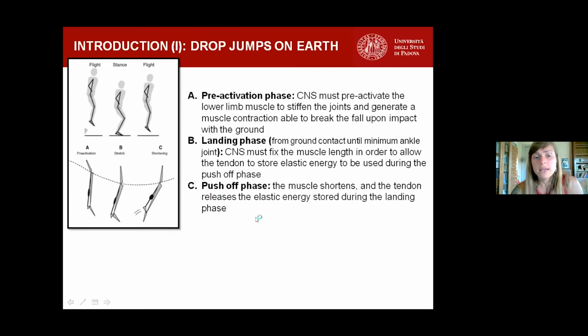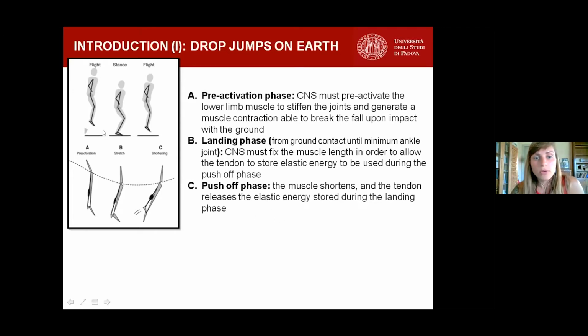And we know that stretch shortening cycle activities are very common in human movement. For example, they are not only exploited while jumping, but also when running. So we were very interested in understanding muscle behavior during the performance of a common daily life movement. And we used a drop jump because this is a widely employed model to study muscle behavior.